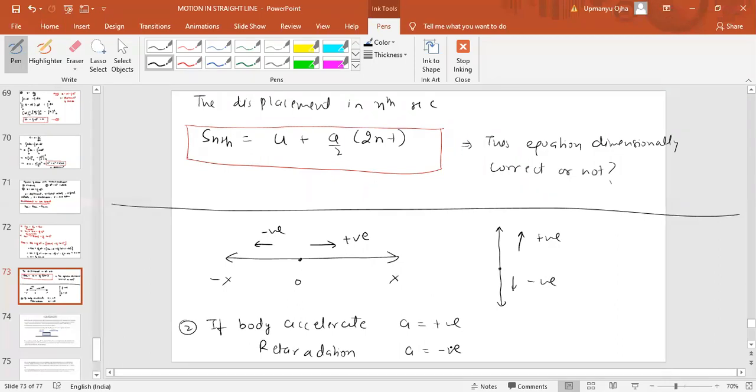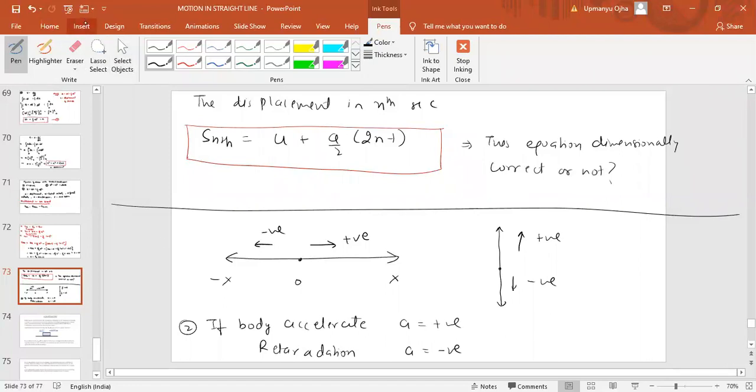So for retardation, a is negative. For acceleration, a is positive. Retardation means deceleration, like when you are applying the brake, the body is decelerating. If you are putting your leg on the accelerator, it is accelerating. So these things you have to remember.